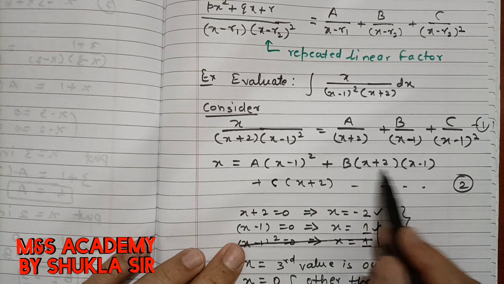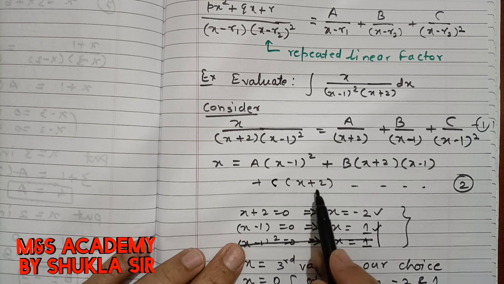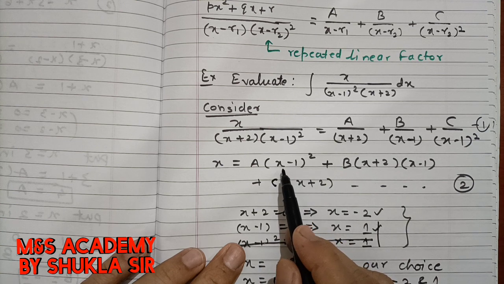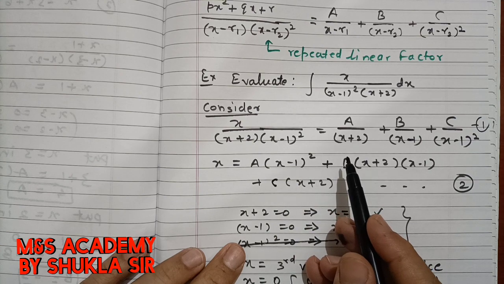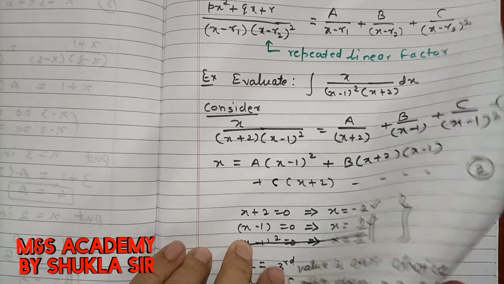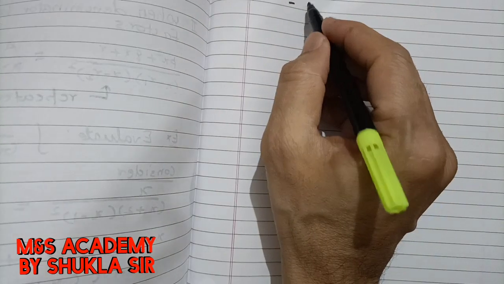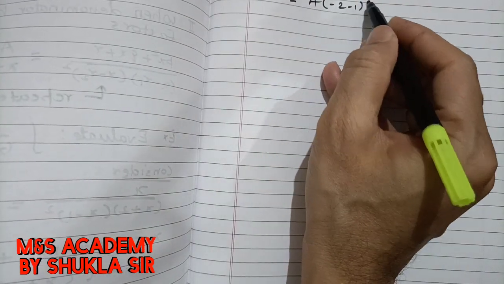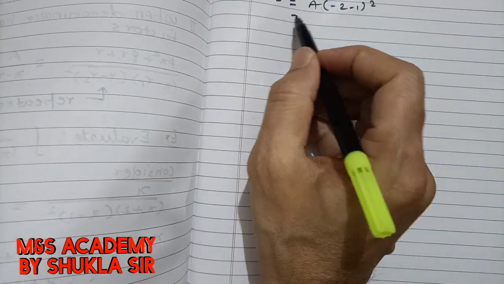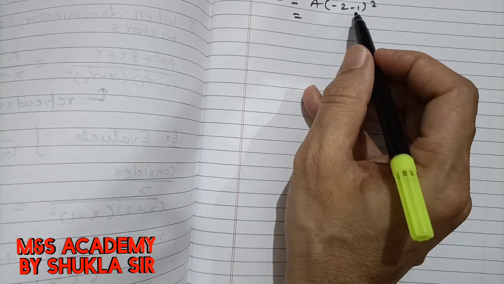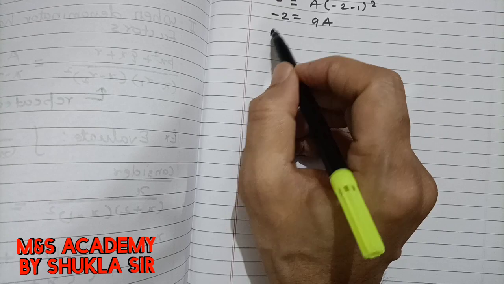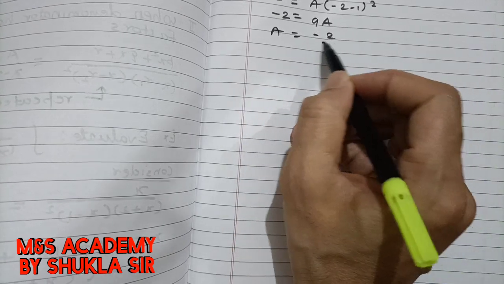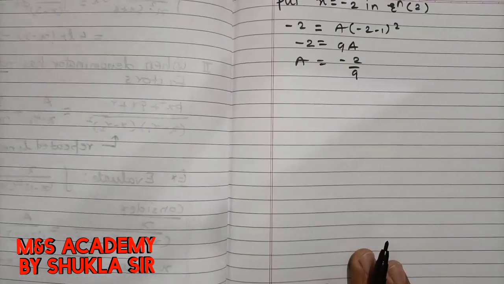This is plus minus 2 plus 0, so everything is 0. Minus 2 minus 1, so minus 3 square, so it is 9. So minus 2 is equal to a times minus 2 minus 1 the whole square, which is 9a, so obviously a is equal to minus 2 by 9. This is the value of a.